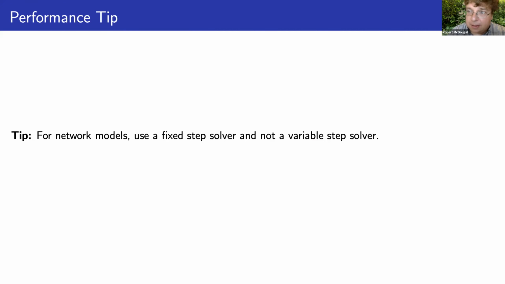One other pro tip: we talked about last class variable step versus fixed step simulation. Remember, variable step exists to choose the time steps based on the numerical accuracy that's required. And what that means in a network model is that it's going to try to get the exact spike time and deliver the spike at exactly the right time.